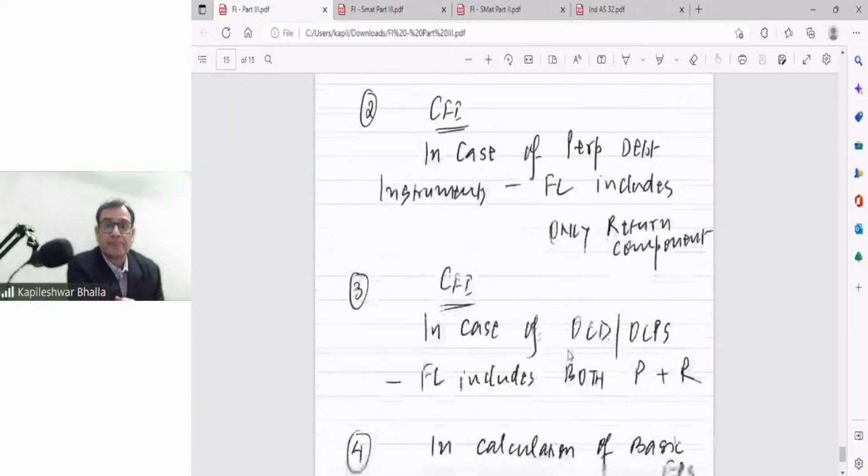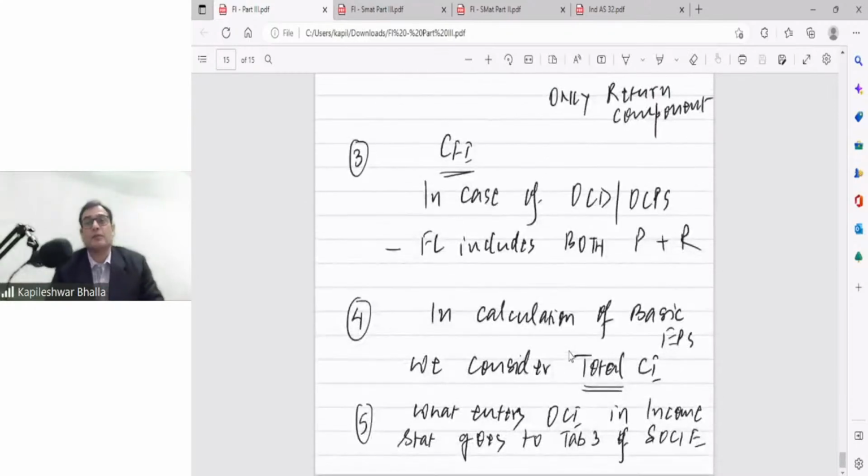Great. Then let's have a look at the third one. It says, again in terms of compound financial instruments, in case of OCD, optionally convertible debenture, or OCPS, optionally convertible preference share, financial liability will include both the principal and the return.